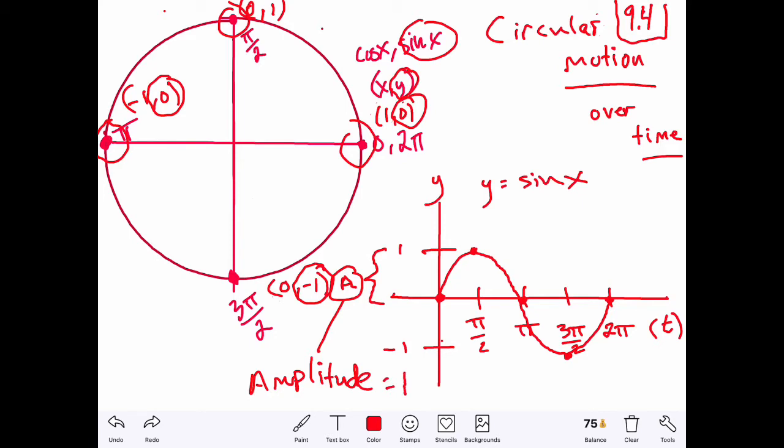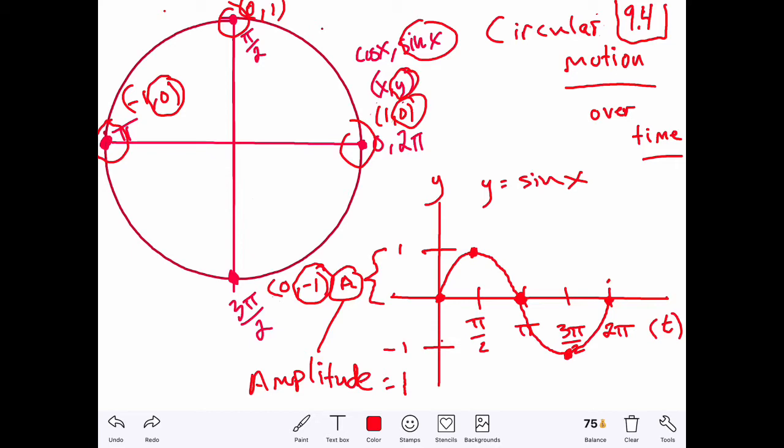And it's also going to be defined by how far it traveled to make one complete cycle, or one revolution. Notice we started here, from 0 we went up to 1, and back to 0, and back down to -1, and back here. That's the completion of one cycle here at 2 pi.